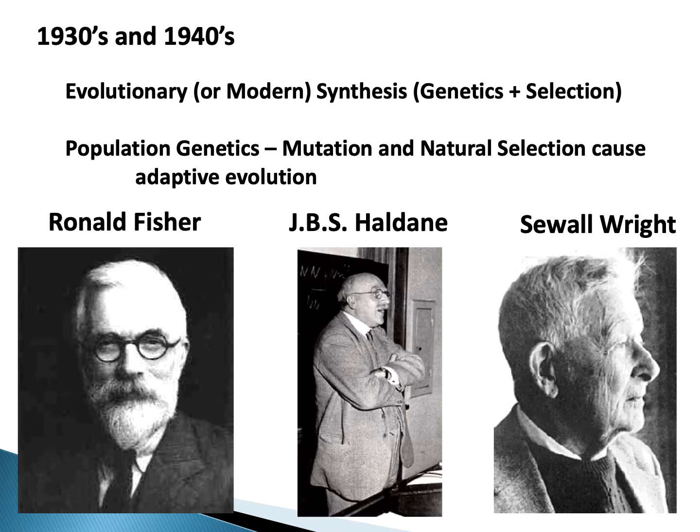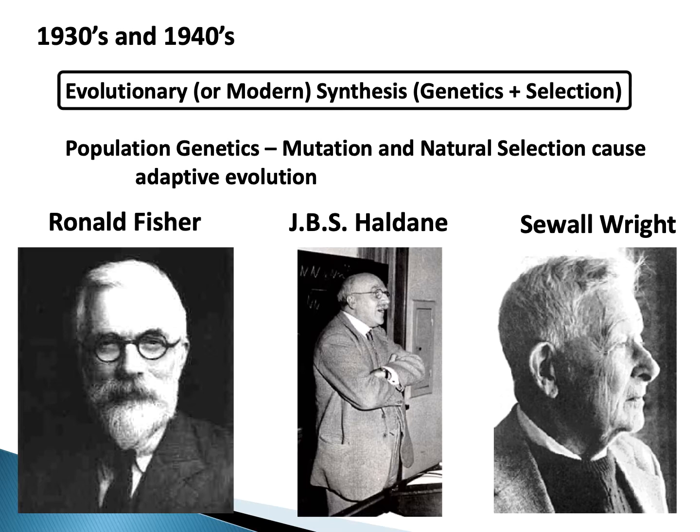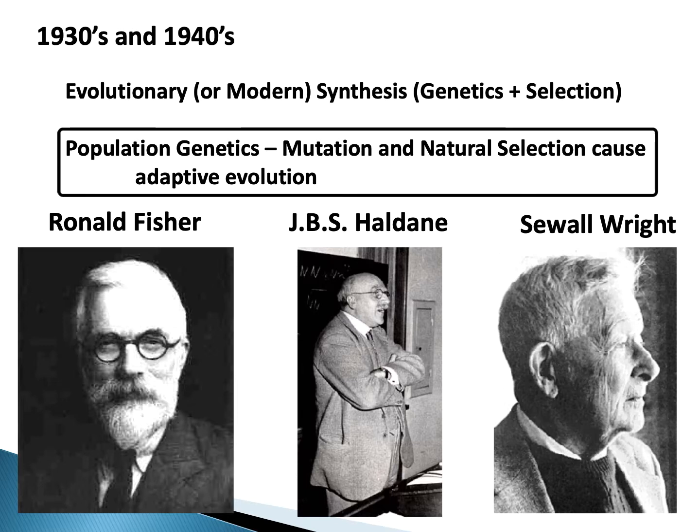So a lot of different organisms were being studied, and the modern synthesis of evolutionary thought included genetics and selection, and specifically in the genetic part it was mutation, and then inheritance and natural selection cause adaptive evolution.